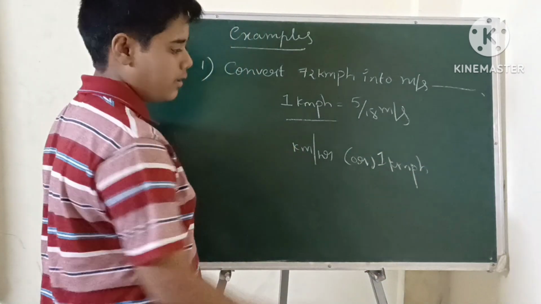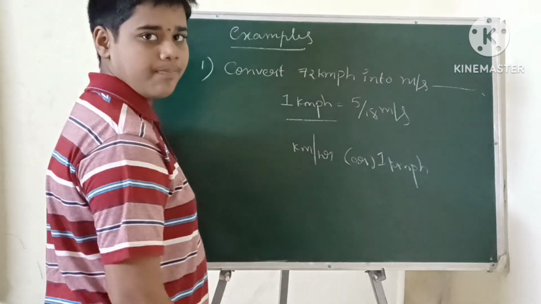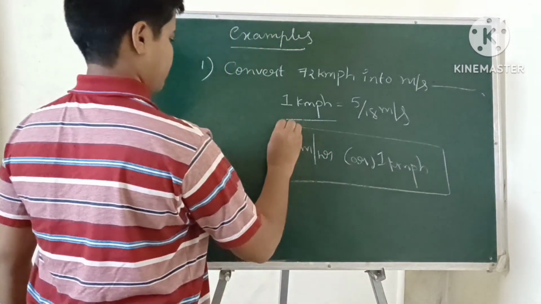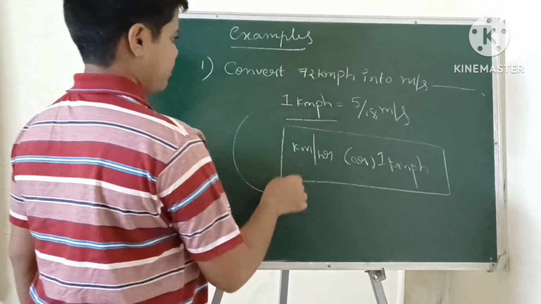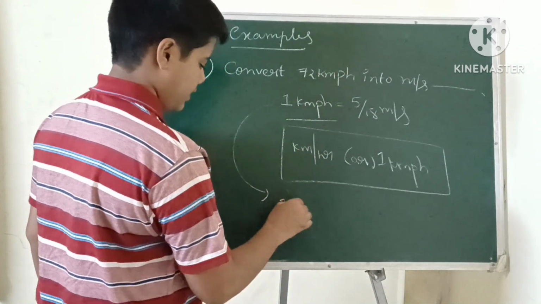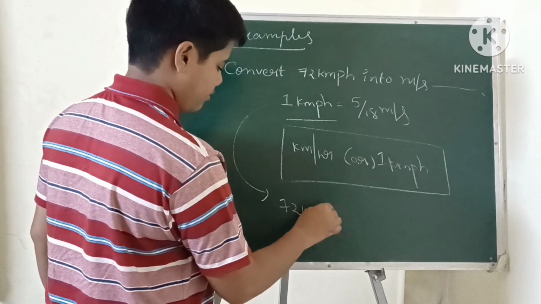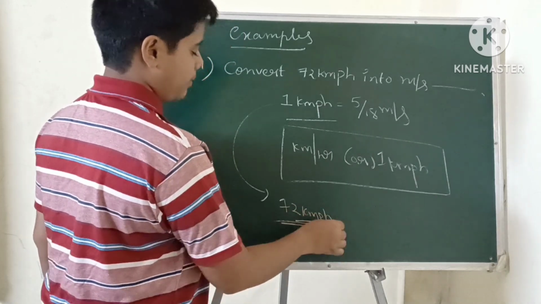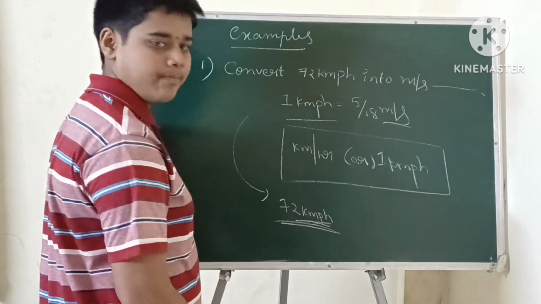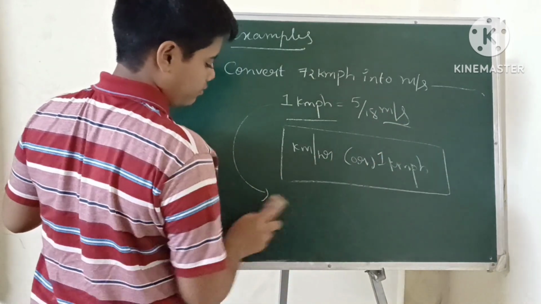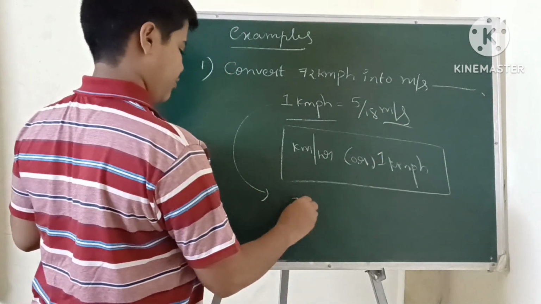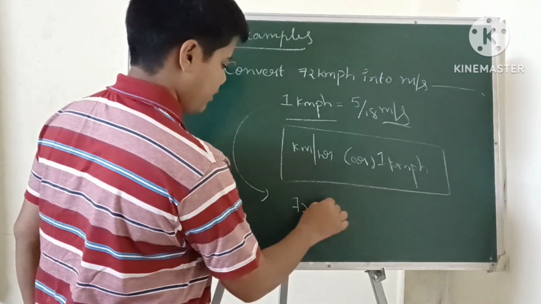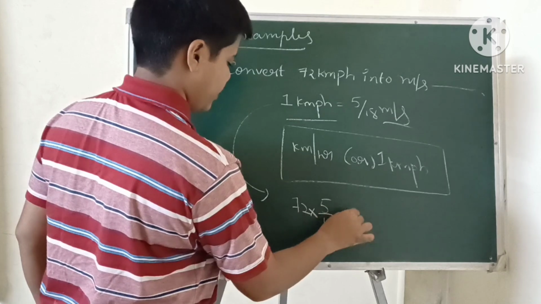Here kmph means kilometer per hour. In the sum they gave 72 kilometer per hour. We have to convert this kilometer per hour into meter per second. So 72 into 1 kilometer per hour, which means 5 by 18 meter per second.